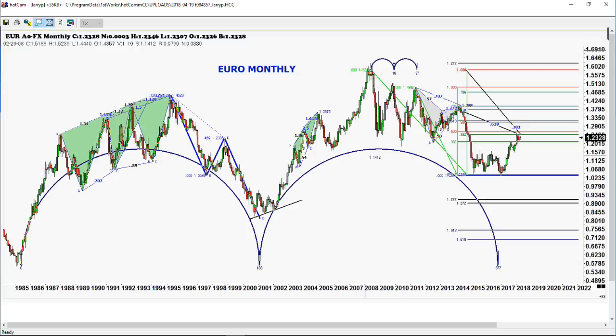And that's the key level, 88 in the dollar index, because if that happens, you're going to see some really big moves coming, in my opinion, because that would be a go sign for Europe and the euro. But I don't know if that's going to happen or not. Right now, the dollar index still looks like it's relatively bullish. So we have to keep in mind that that's what we're watching.